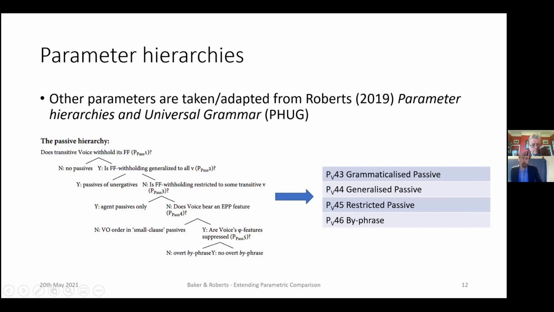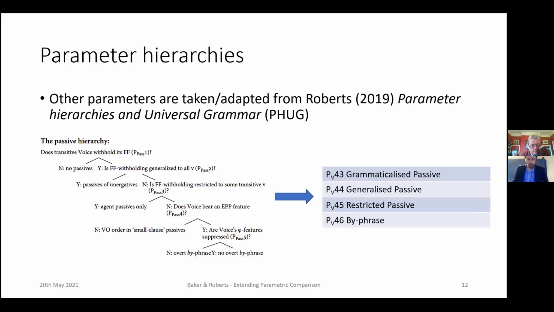A large number of parameters, however, are not derived on those grounds, but rather are adapted from Ian's earlier work on parameter hierarchies. So we see this, for example, with the passive hierarchy shown on this slide.